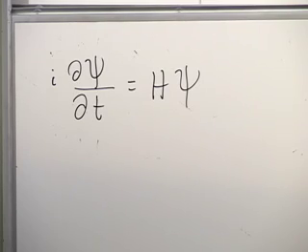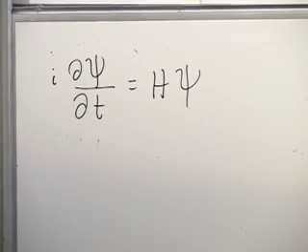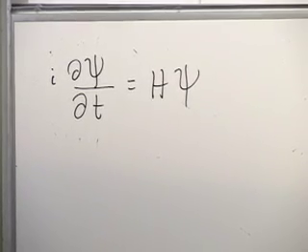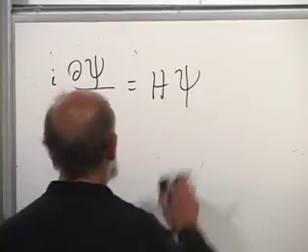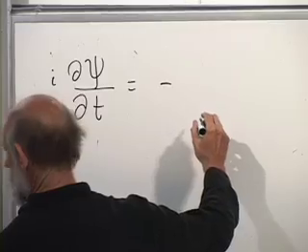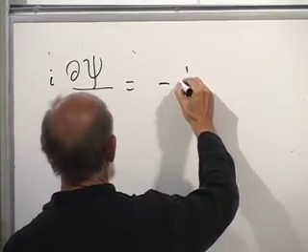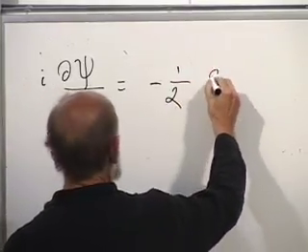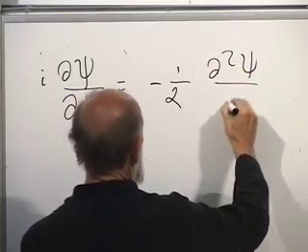Yeah, there's a sign difference. Yeah, that's right. i d psi by dt is equal to h psi. And now we can substitute this, and let's do so. Minus 1/2 d second psi by dx squared.